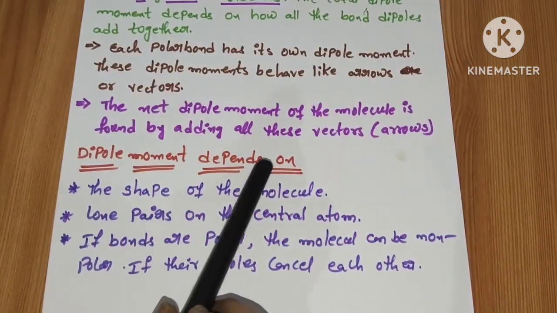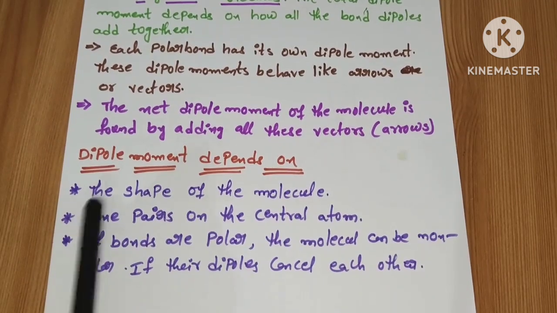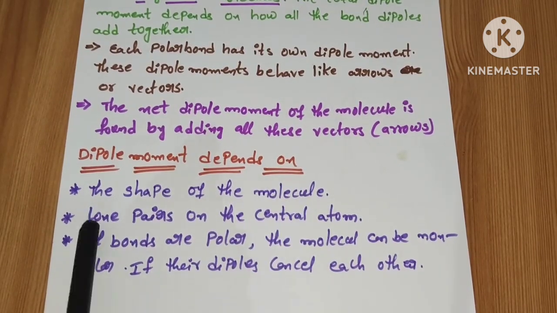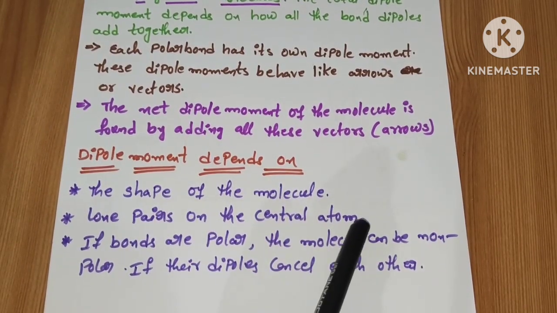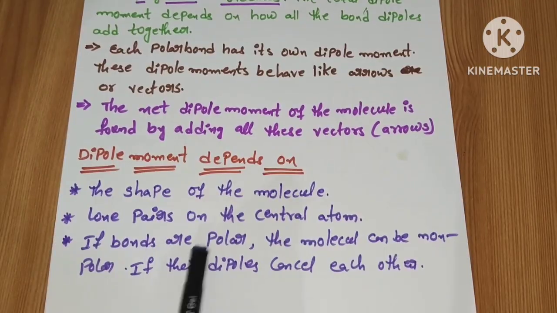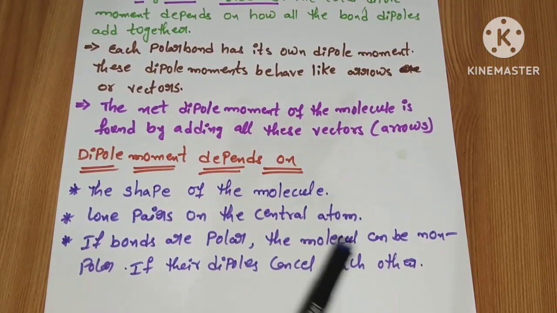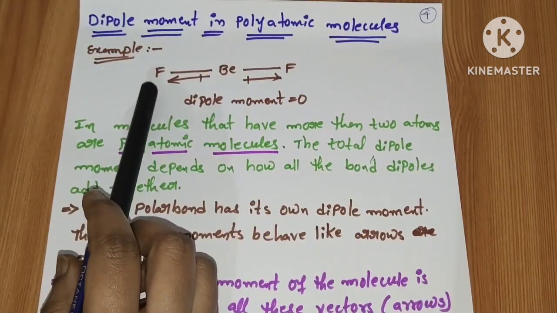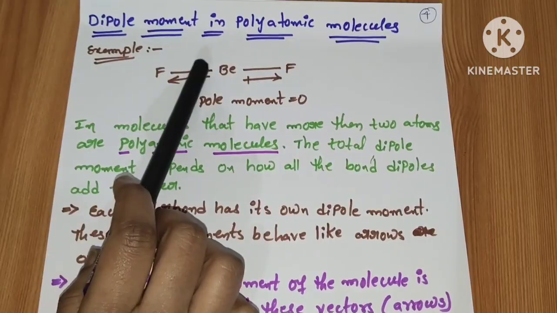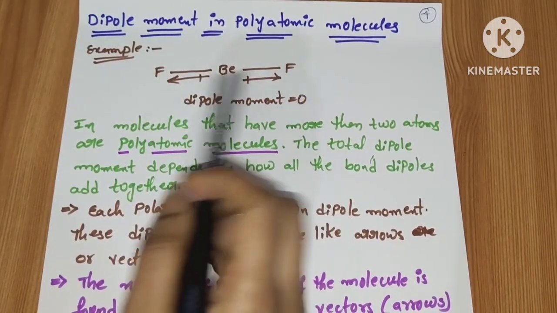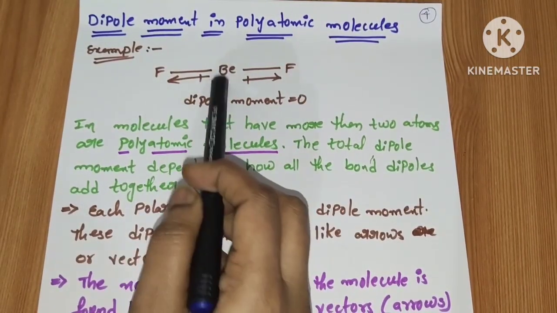Dipole moment depends on the shape of the molecule and lone pairs on the central atom, and if bonds are polar, the molecule can be non-polar if their dipoles cancel each other. For example, consider beryllium fluoride. Fluorine is more electronegative than beryllium.